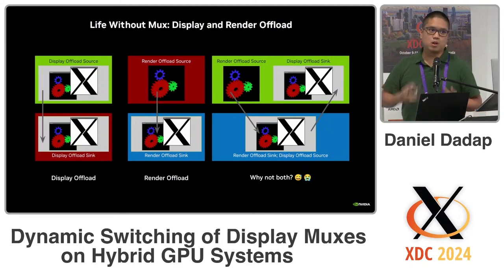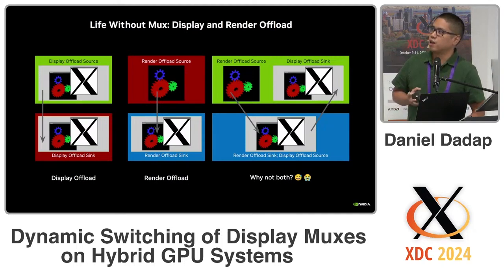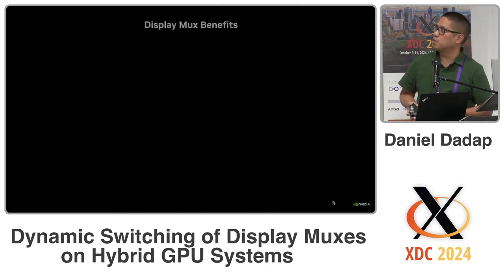But if you recall, we might have a system where we're forced to have different displays driven by different GPUs. And in that case, it's hard to avoid. We do have an optimization in the NVIDIA driver where for the special case of full screen render offloaded applications, we can avoid the round trip, but it is something that in general you have to consider as something that might need to happen. So how can muxes help us with that?